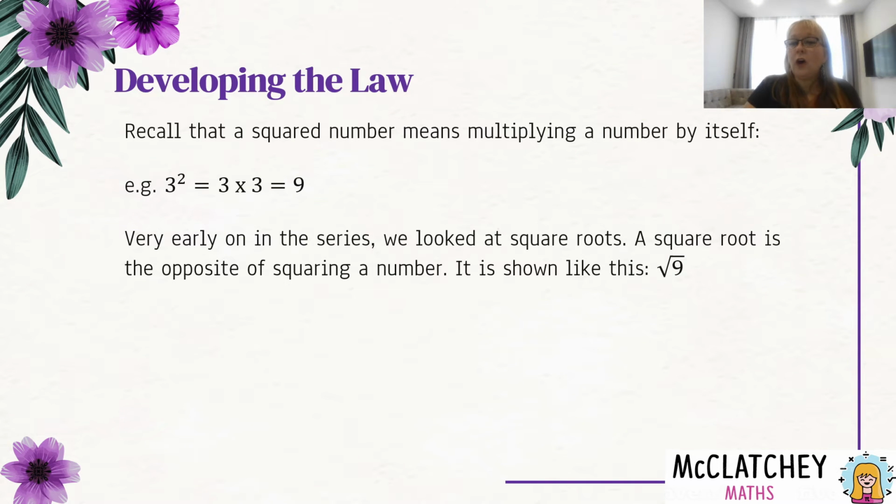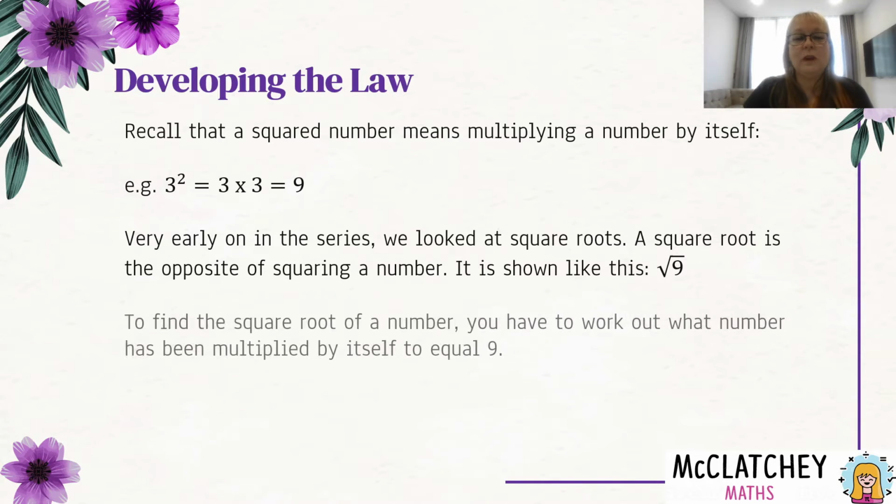Now, very early on in our series, we also looked at square roots in our very first video. And you would recall that a square root is the opposite of squaring a number. And we would show it with this little sign that looks like a little bit of a tick with a hat on top, and it looks like the square root of 9. So what we're doing when we have a square root of a number is we have to actually think in our heads, what number multiplied by itself gives us 9? So you might start with 1.